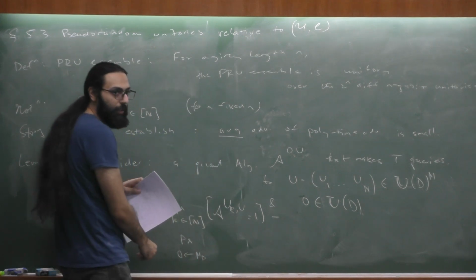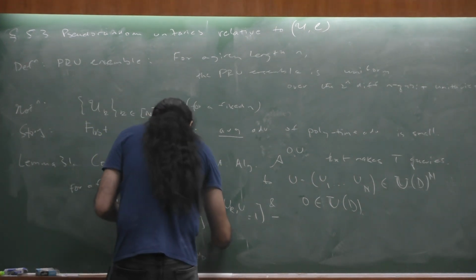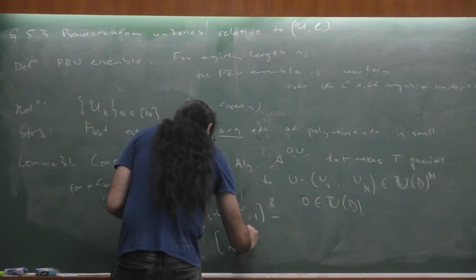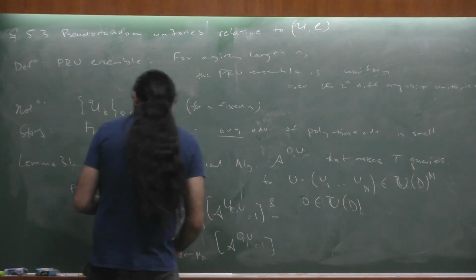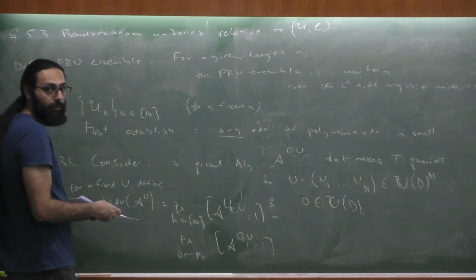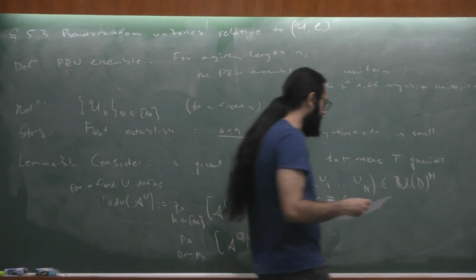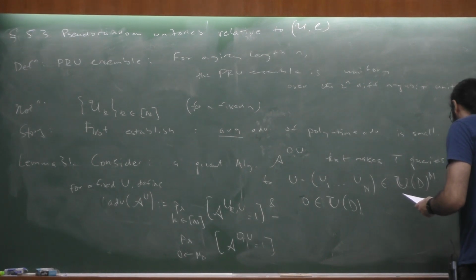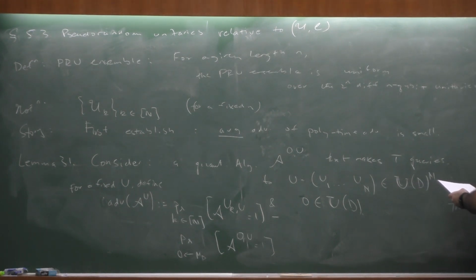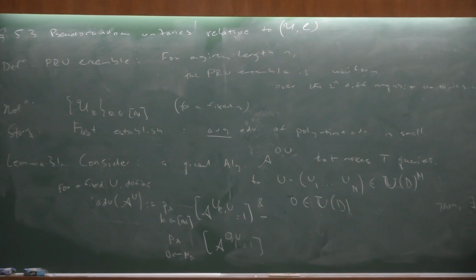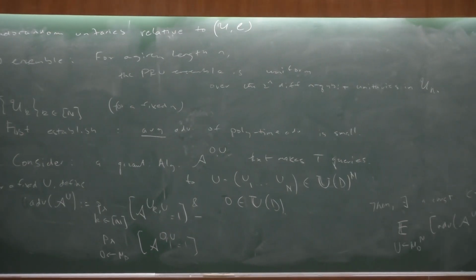So O is basically a Haar random unitary. This is what is termed the advantage. Okay. So the statement says that there exists a constant c greater than 0 such that on average this advantage of A to the u is at most c T squared by capital N.